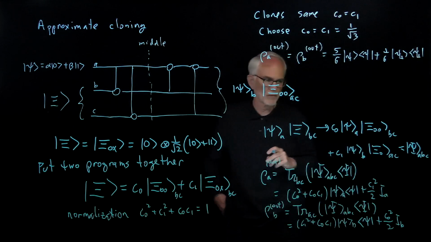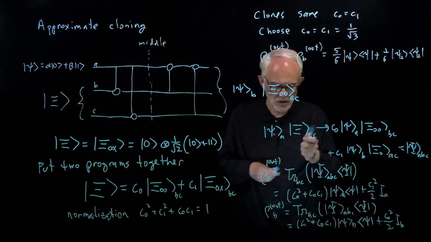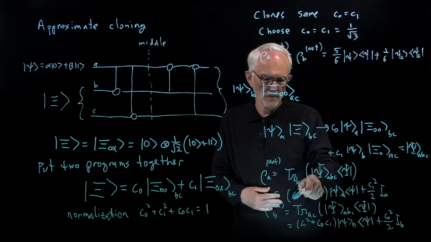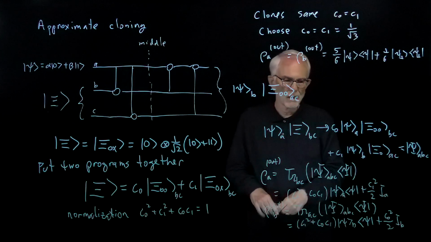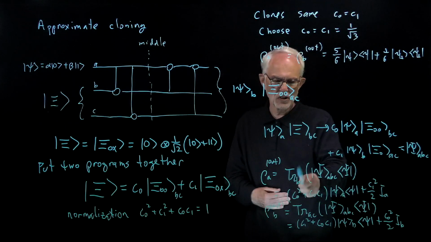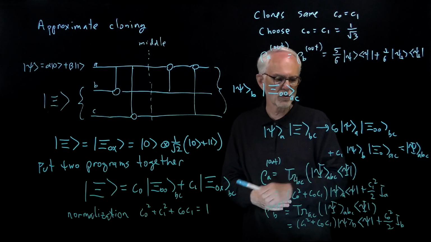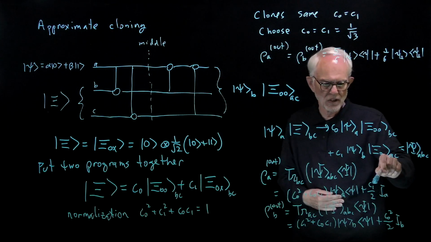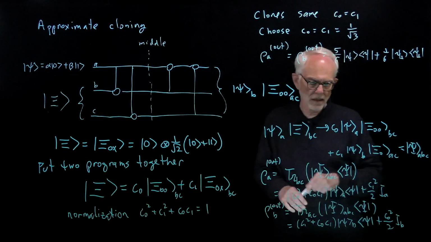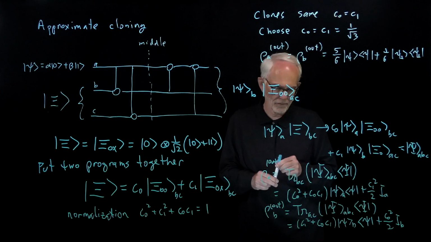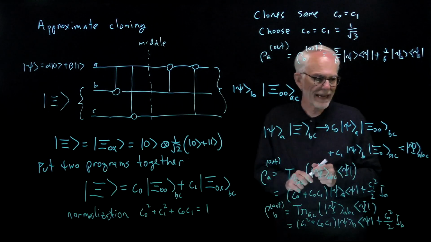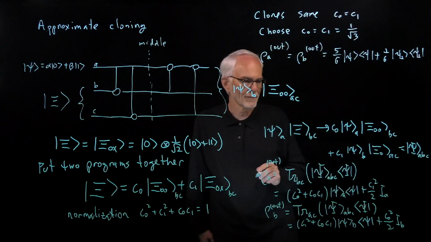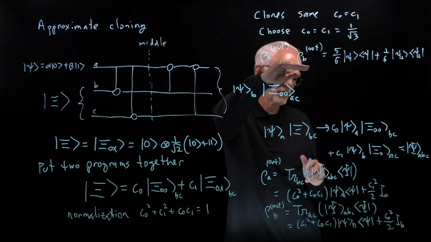Okay, so where did that come from? Well, first of all, let's look at what we have down here. If I put in 1 over square root of 3 for C0 and C1 down here, for example, this would become 1/3 plus 1/3. That'd be a 2/3 psi, and then this would be a 1/6 I sub A. And I can write I sub A in a different way, which will give us this expression.